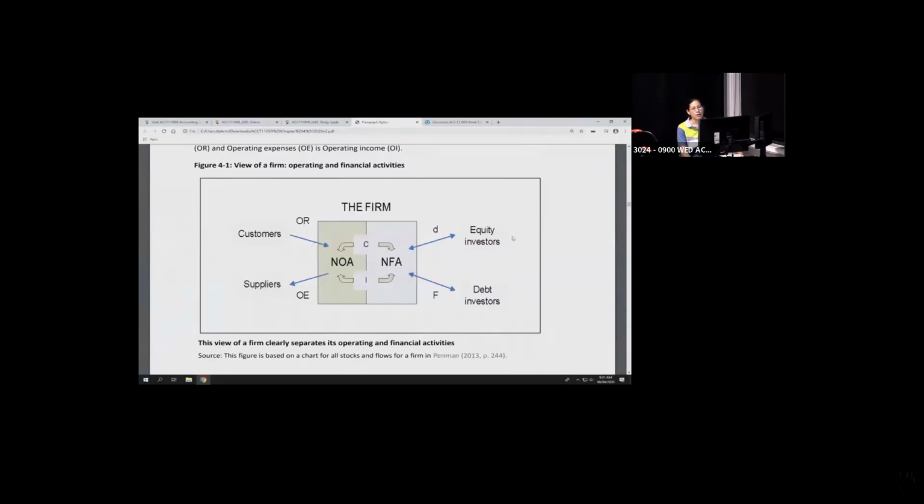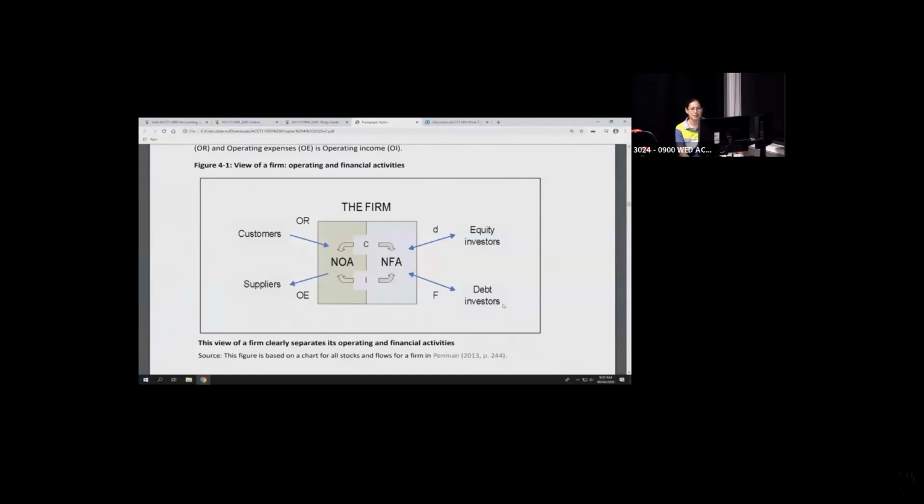And then on the other side, we've got how we are funding those activities. That's to do with all of the financial activities. The two main sources of funding for our firms come from owners or shareholders, who are the equity investors, or from an external company or firm or financial institutions such as banks.